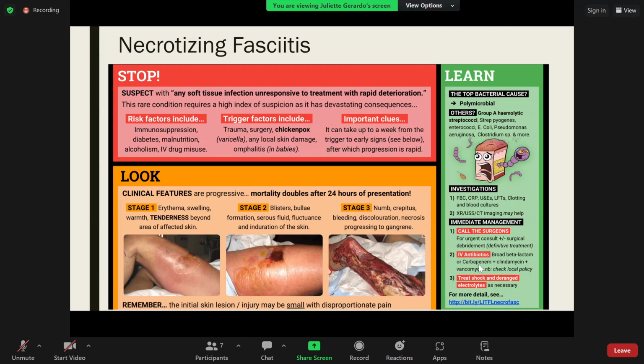But most of the time, at least for the literature that I saw, it was primarily polymicrobial as well as due to group A strep. But again, everyone believes that this number is likely underreported as it's not being fed into many of the overarching data systems that are following disease cases.